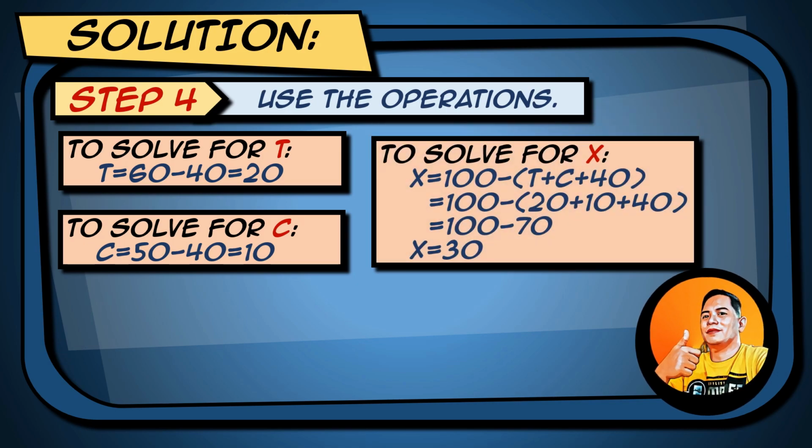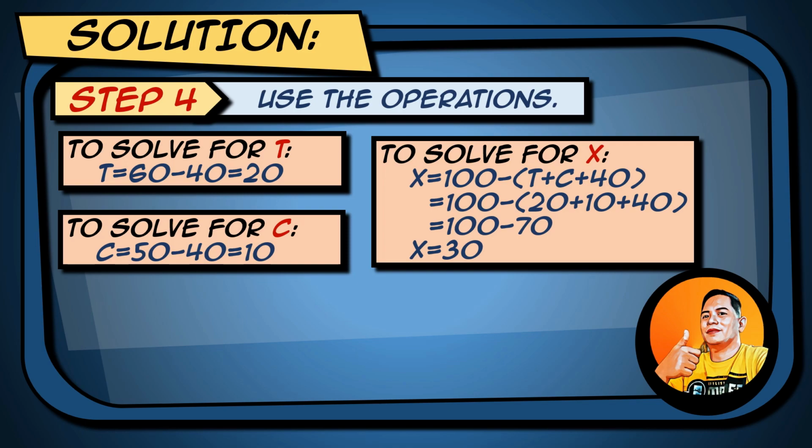And to solve for X, we have X equals 100 minus the quantity T plus C plus 40, equals 100 minus the quantity 20 plus 10 plus 40. Then that equals 100 minus 70, where 70 is the sum of 20 plus 10 plus 40.